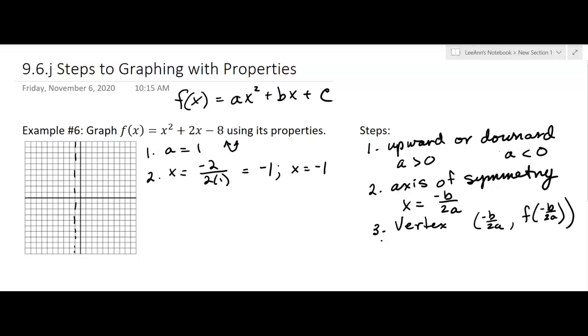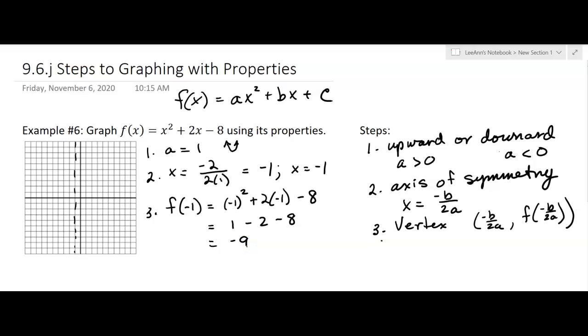All right, so for us, we're going to find f of -1, and that's going to be -1 squared plus 2 times -1 minus 8, or 1 minus 2 minus 8, which is -9.